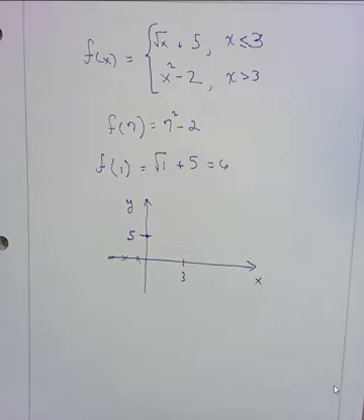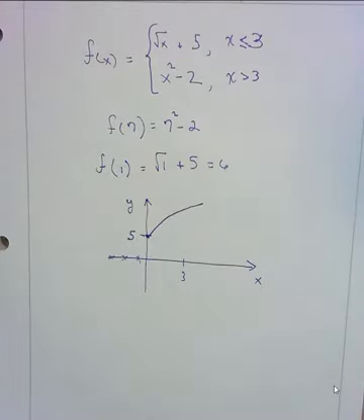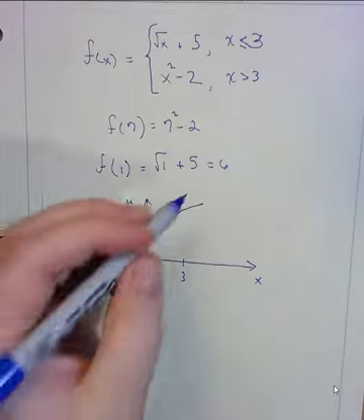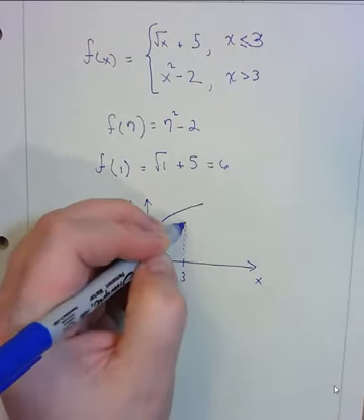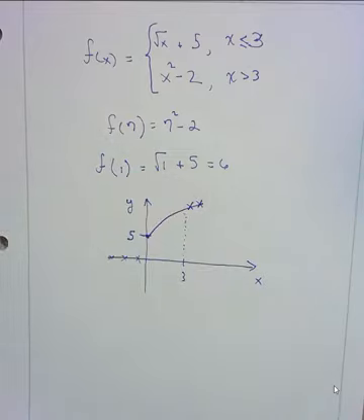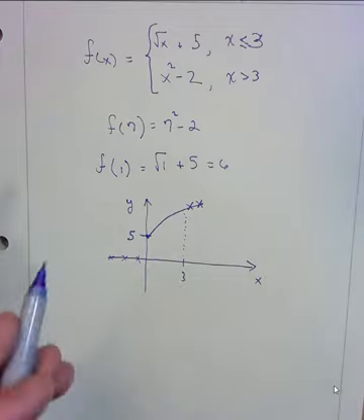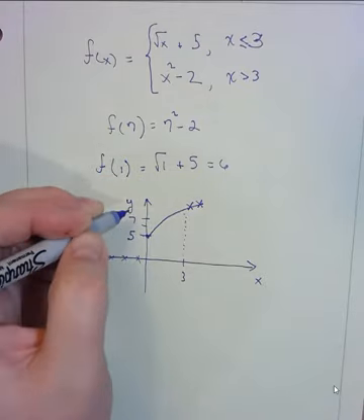And the square root function just kind of goes up gently, sort of like that. Whoops, but I went too far, didn't I? Because when we get to x equals 3, I don't want this curve anymore. I want to switch to x squared minus 2. When x is 3, x squared minus 2 is 7, which is right about here.